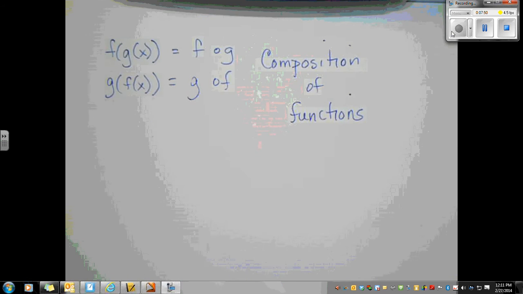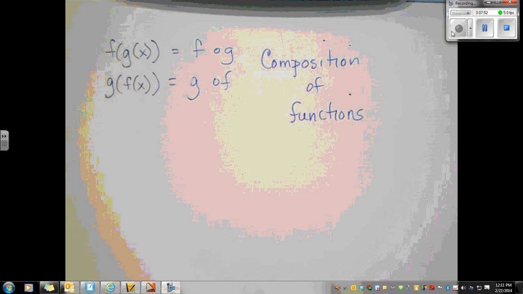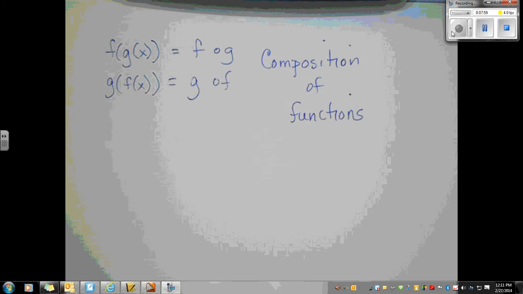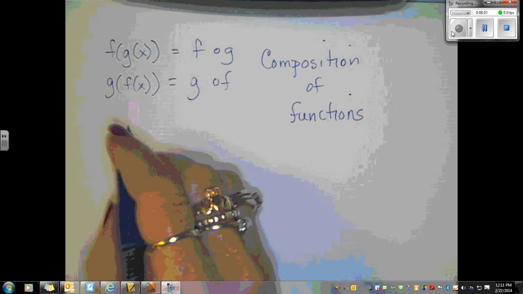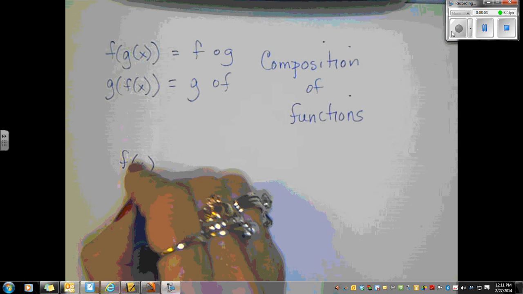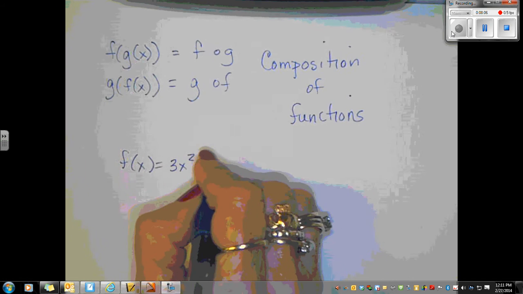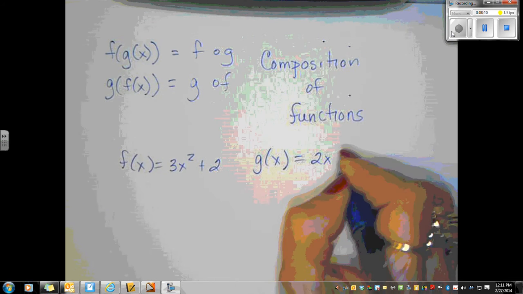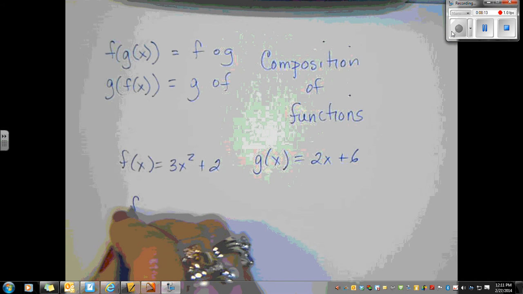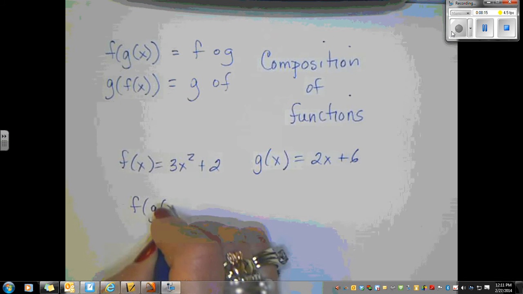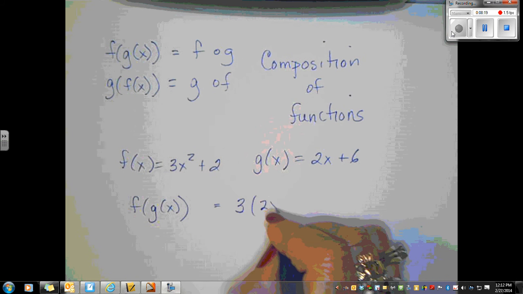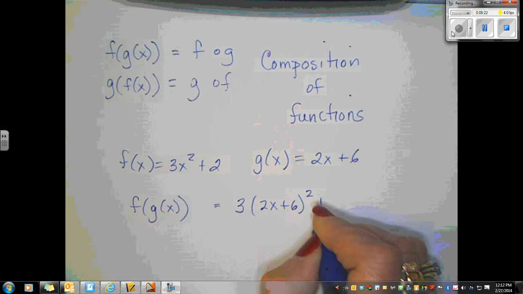Alrighty, so how about if f of x is equal to 3x squared plus 2, and this time g of x equals 2x plus 6, what is f of g of x? 3 times 2x plus 6 squared plus 2, right?